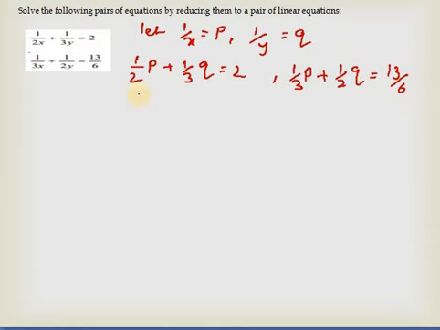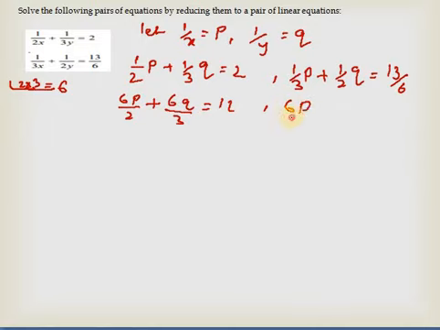Now if we see, 2 and 3 are in the denominators in each case. What is the LCM of 2 and 3? They don't have a common factor other than 1, so the LCM is 6. So we need to multiply each equation by 6. This will be 6p upon 2 plus 6q upon 3 is equal to 12, right?